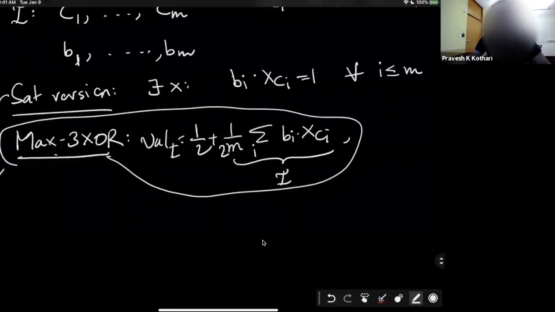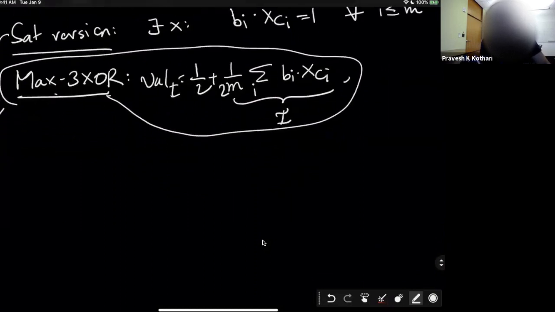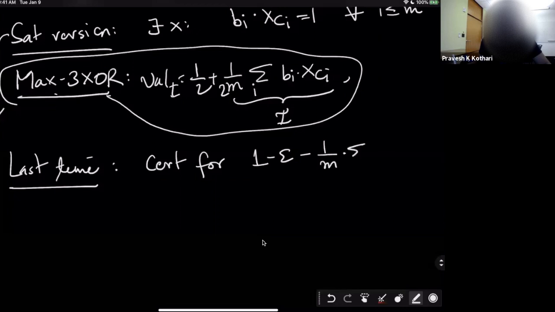So what did we do last time? For both of these related questions, we asked for a certificate of non-negativity for the polynomial 1 minus epsilon minus val I, which is equivalent, up to some constants, to giving a certificate for this polynomial.